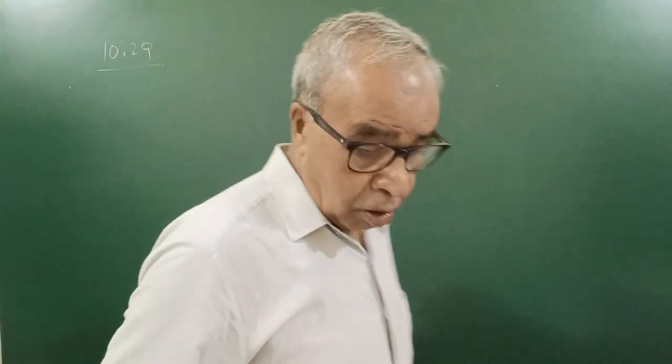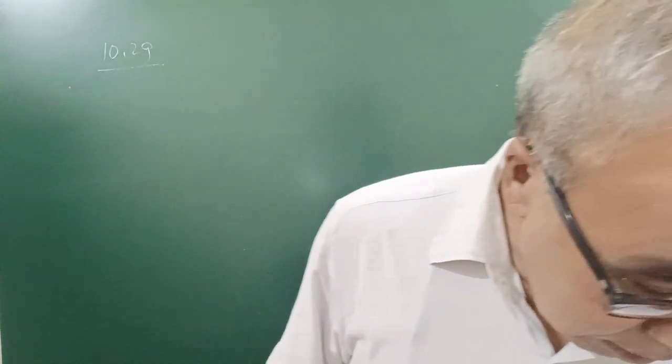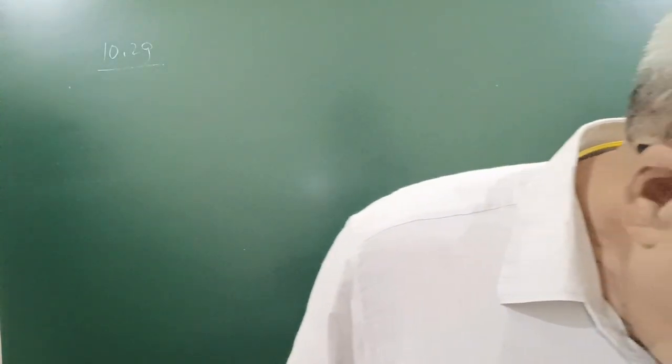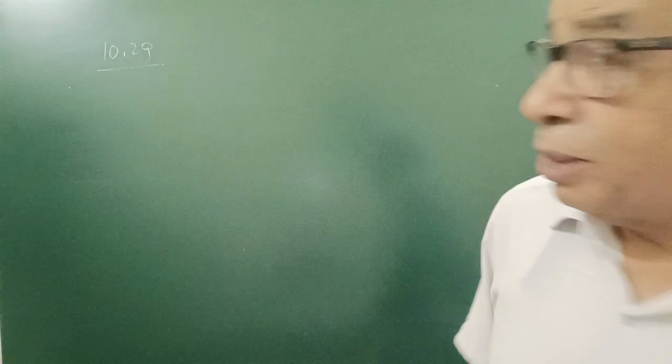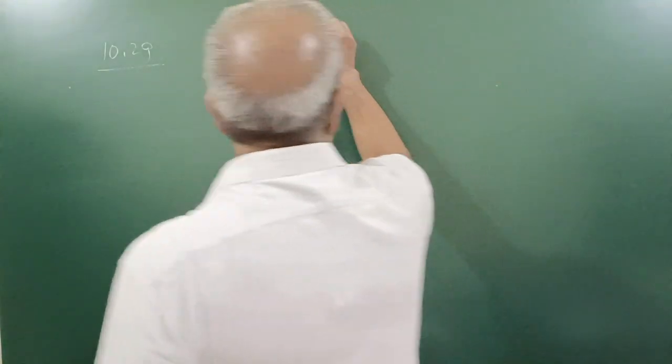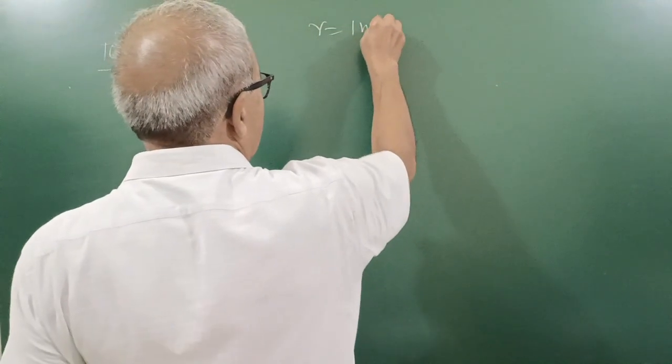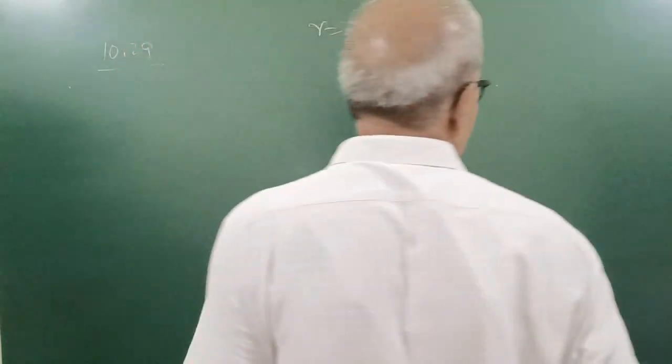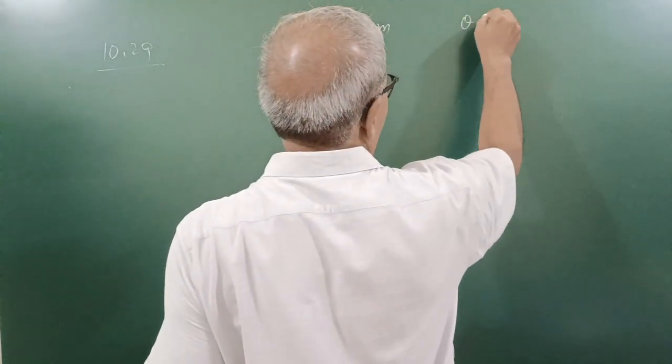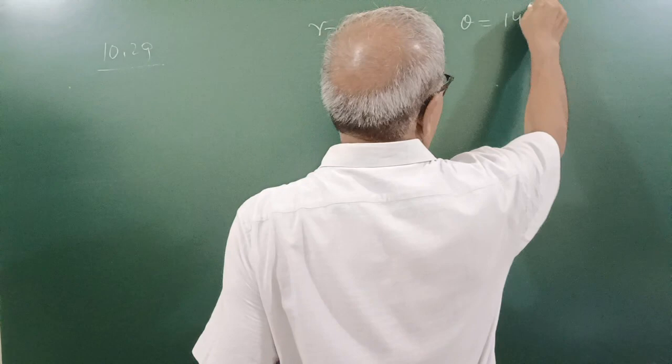So first of all, I take 10.29. In this question, a narrow capillary of radius 1 millimeter is dipped in mercury, and the angle of contact theta for mercury is 140 degrees.